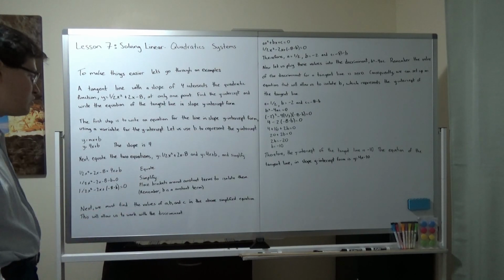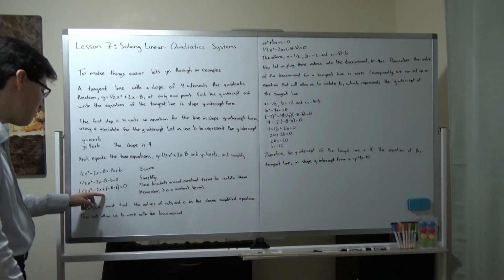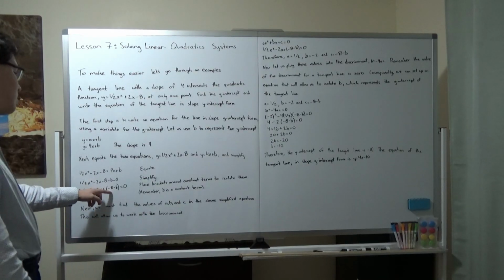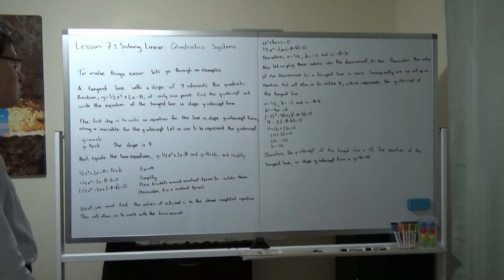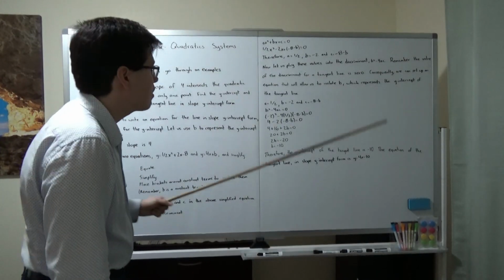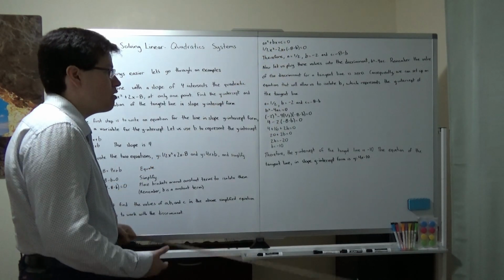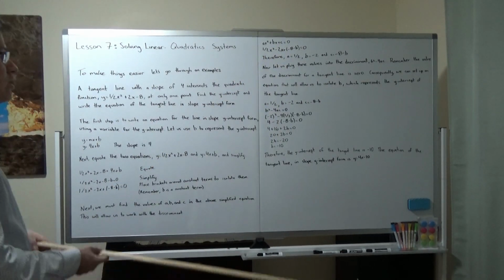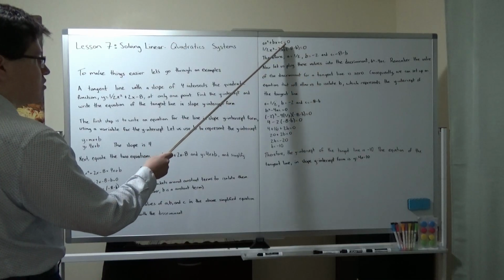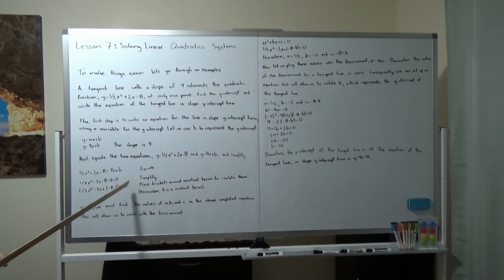Place brackets around constant terms to isolate them. Remember, b is a constant term. So the last step is just to place brackets around minus 8 minus b. Because ax squared plus bx plus c equals 0 is the standard form for the quadratic equation, and c is the constant. Notice that it's plus c, so we have to have a plus sign in front of the constant.